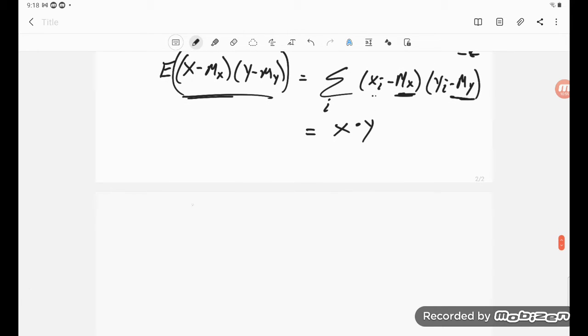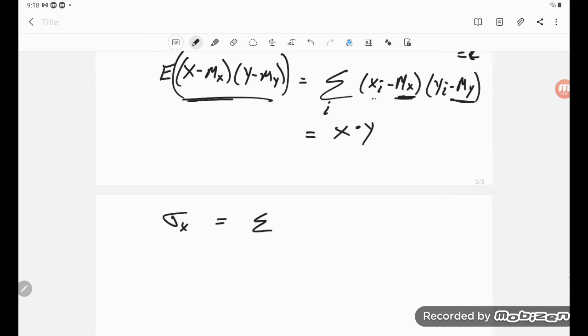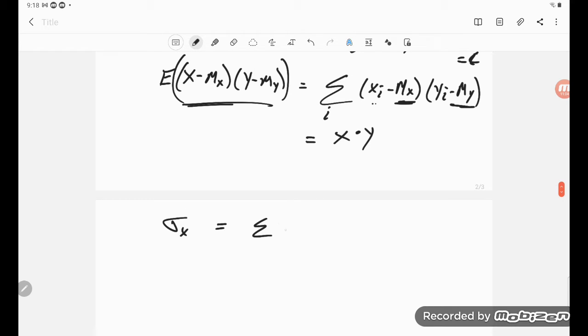And then if you think of sigma x, that is the sum of the xi minus mx squared, like that, and then we take the square root.